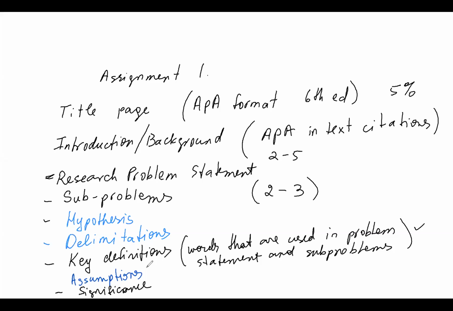Let's say I was looking at how the attention span of students is changing by social media usage. If I find that it very detrimentally affects the attention span, then society has to make some changes.